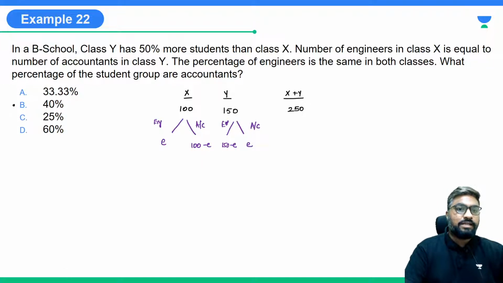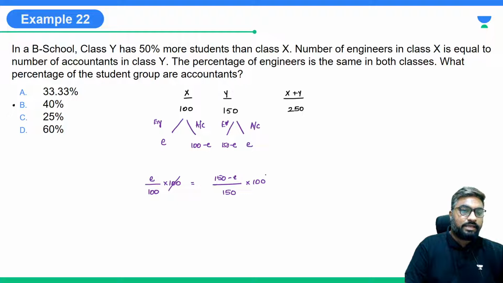They're saying the percentage of engineers is same in both the classes. So percentage of engineers will be how much? E by 100 into 100. Engineers in X will be equal to (150 minus E) by 150 into 100. Correct? Percentage of engineers is the same in both.